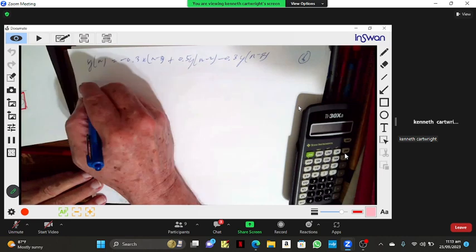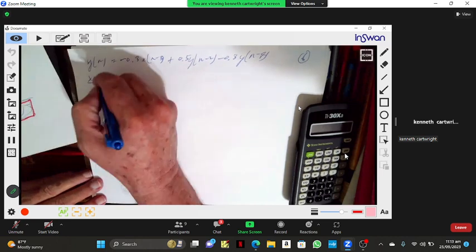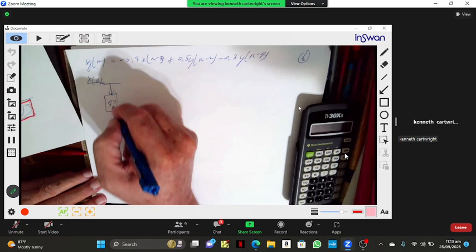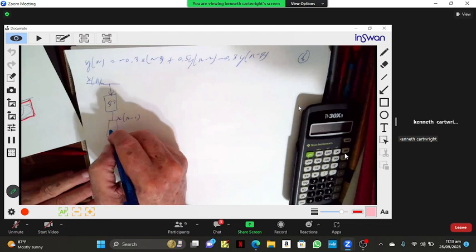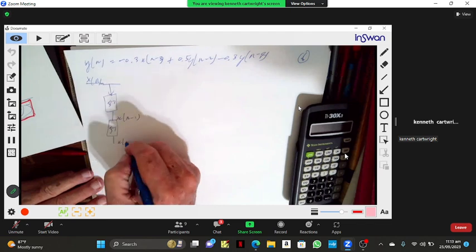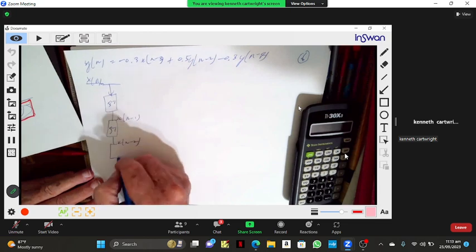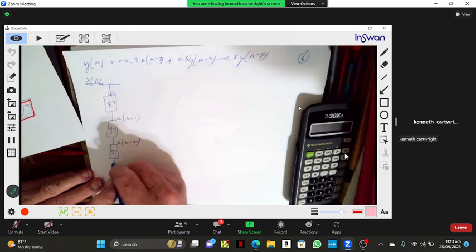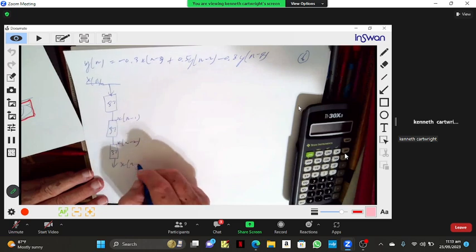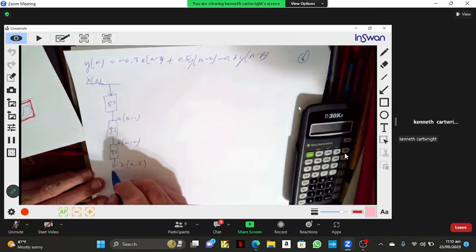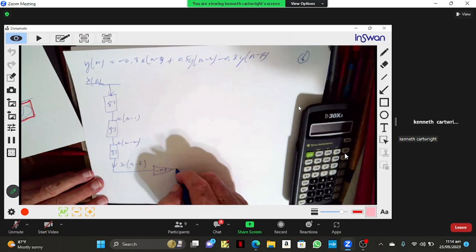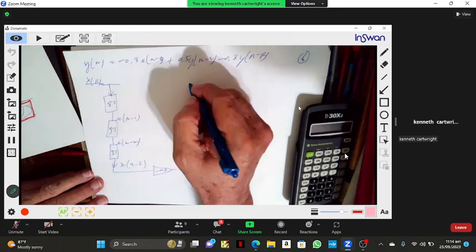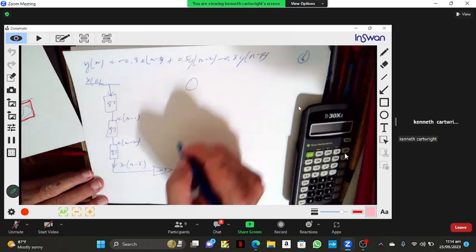Here's x of n through a delay x of n minus 1, through a delay x of n minus 2, through a delay, then x of n minus 3, and then we have the coefficient negative 0.3, and the summer.